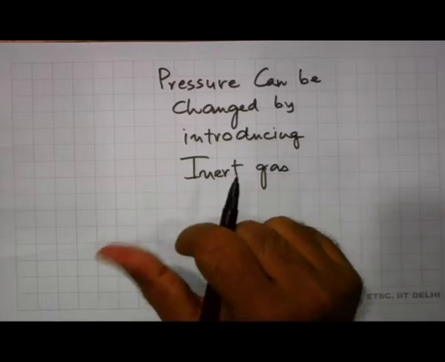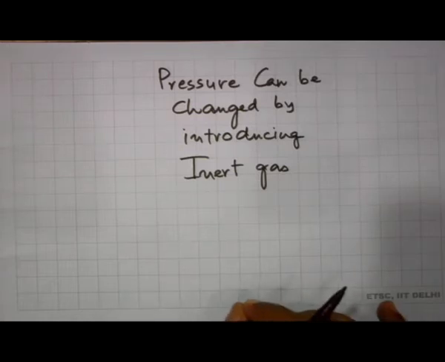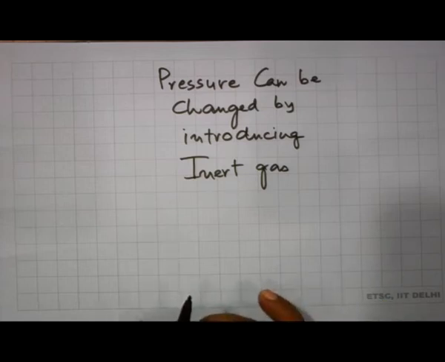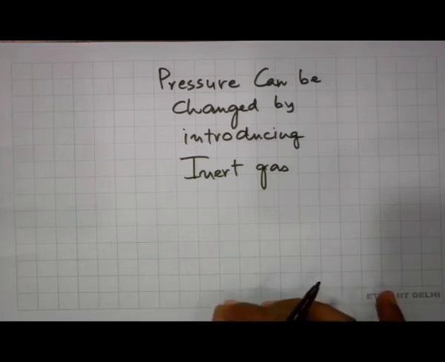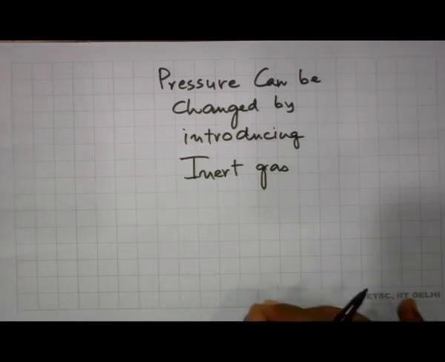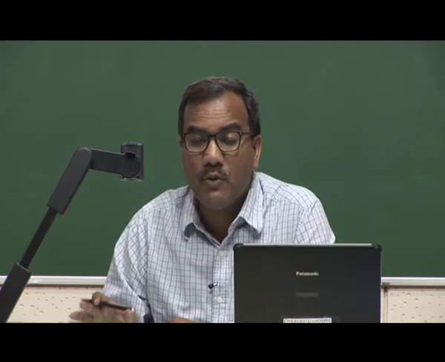First, we discussed changing pressure by changing the volume: pressure increases if we decrease the volume, and decreases if we increase the volume. But we can also increase the pressure by introducing inert gas, keeping the volume constant.